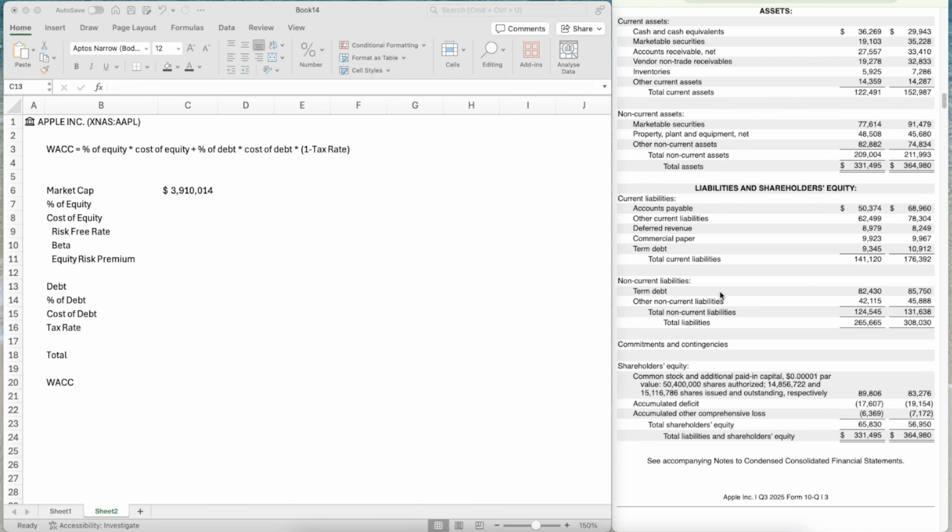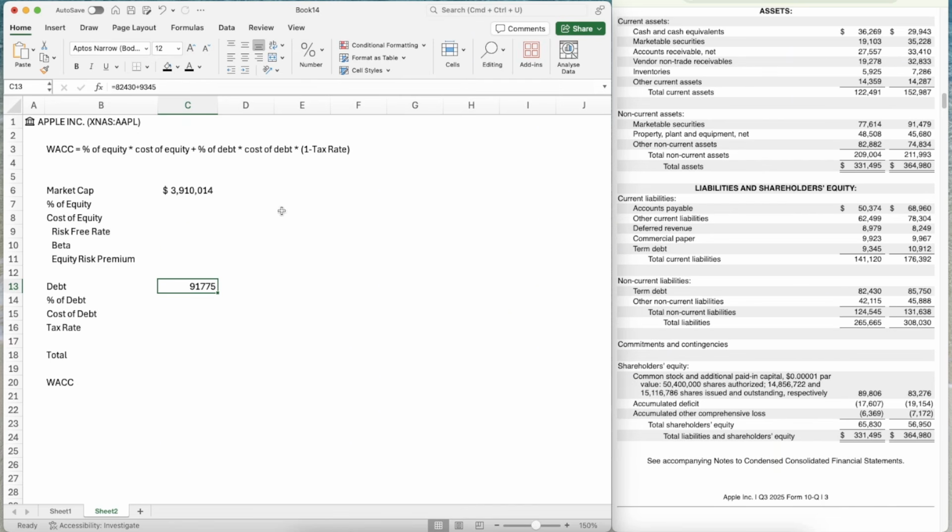We'll just do these term debts. We won't do the commercial paper because it's very short term, and I don't know if it's necessarily interest bearing. So we'll just do where it says term debt, 82,430 plus 9,345.